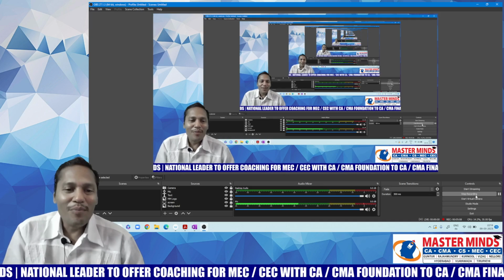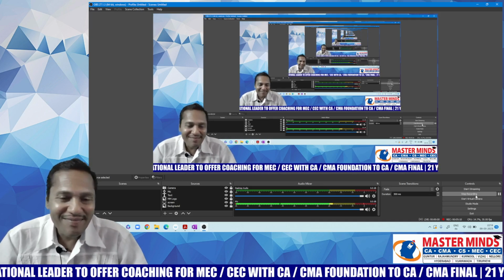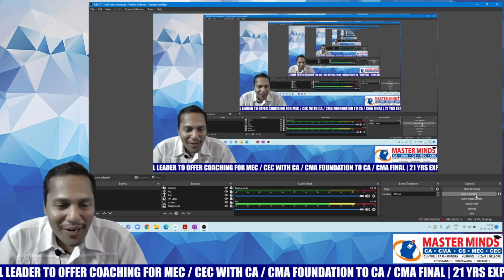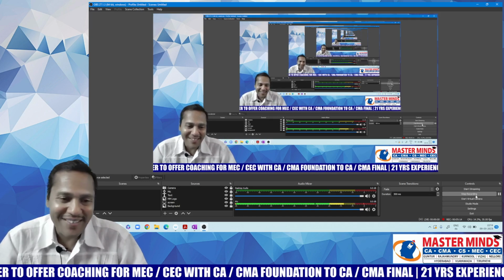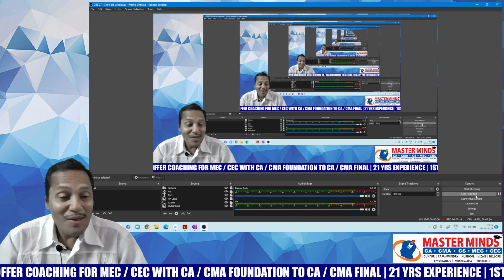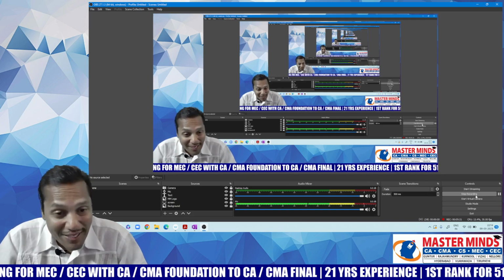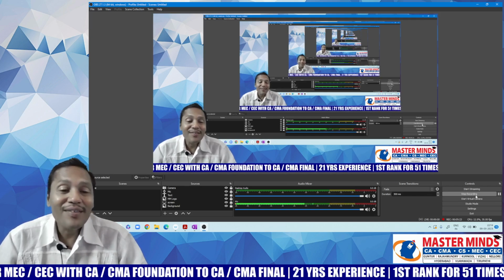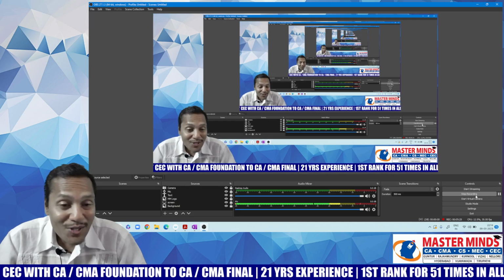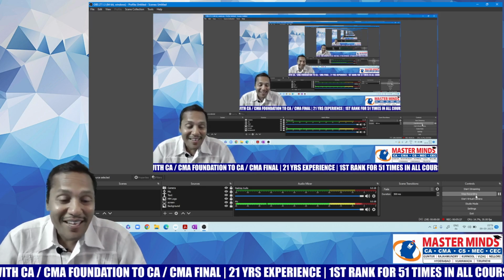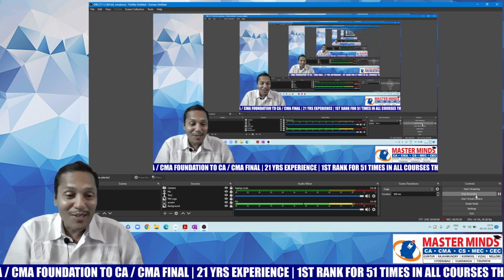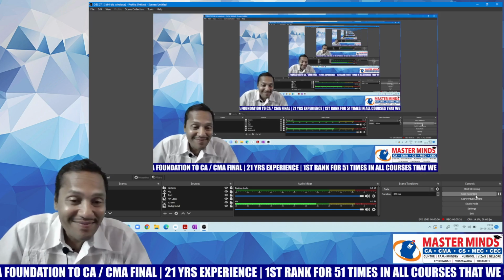Suppose by purchasing this particular building, I am going to get 4 lakhs annual rent. What will be the value of this regular income of 4 lakhs? Based on that, some other person may be valuing.